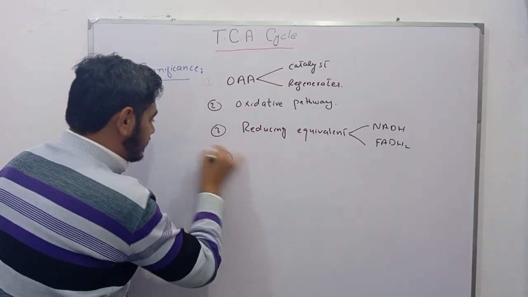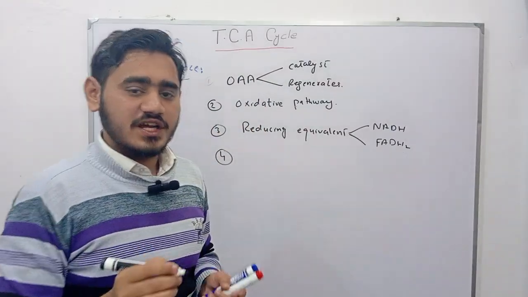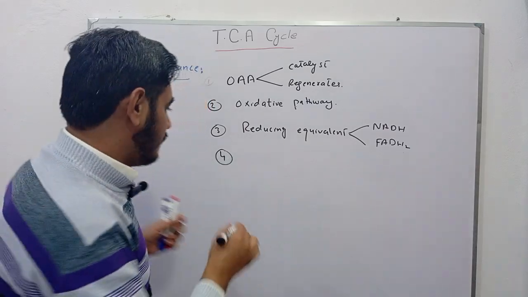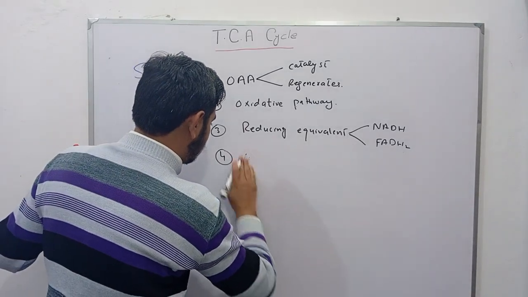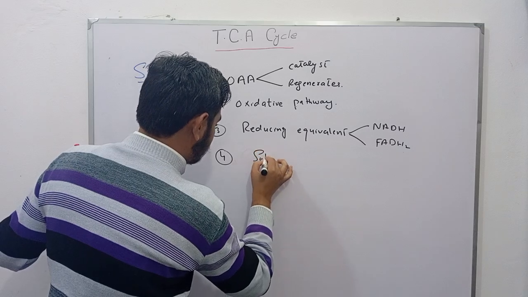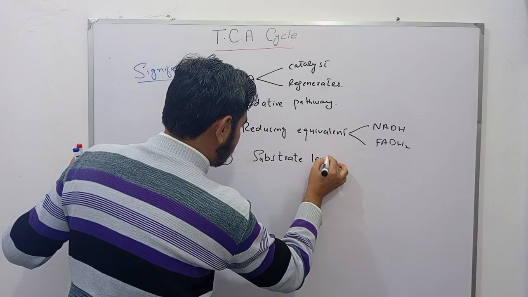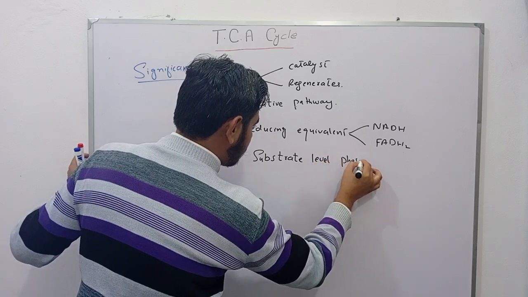Now, the fourth point is that in the TCA cycle, one step is a substrate level phosphorylation step.